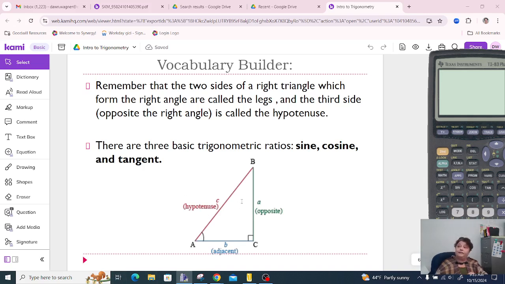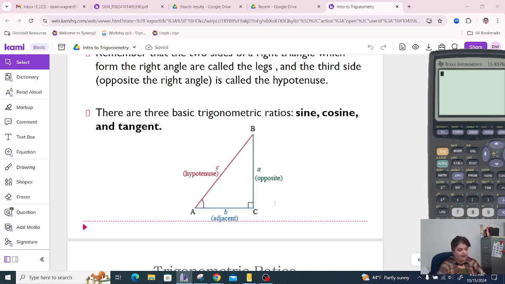Remember that we have legs of a triangle that make the right angle, and across from the right angle is always your hypotenuse. And your hypotenuse is always your longest side. Okay? I don't think here you have to write anything yet.